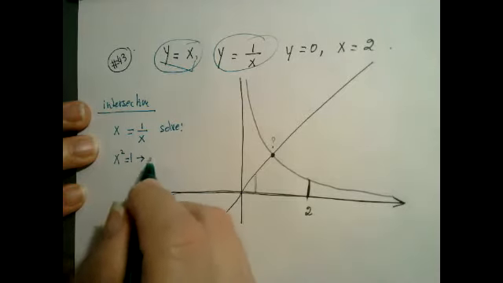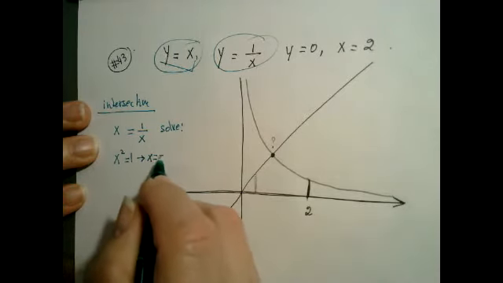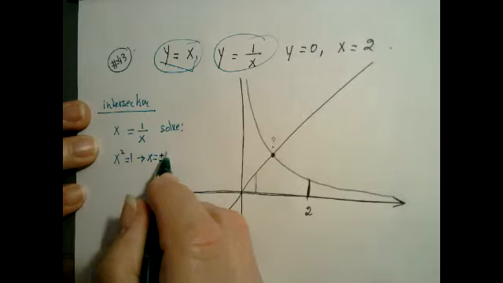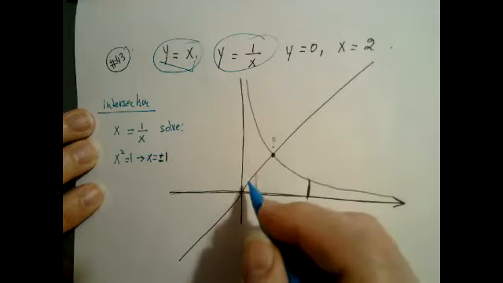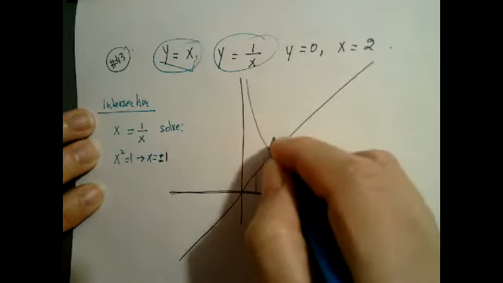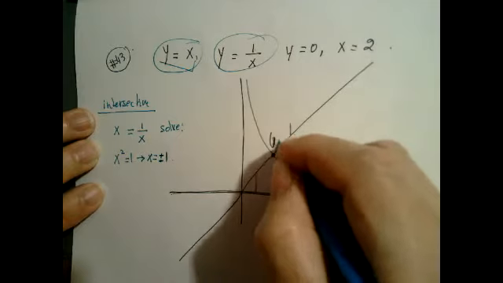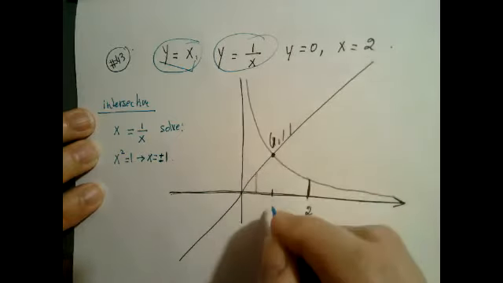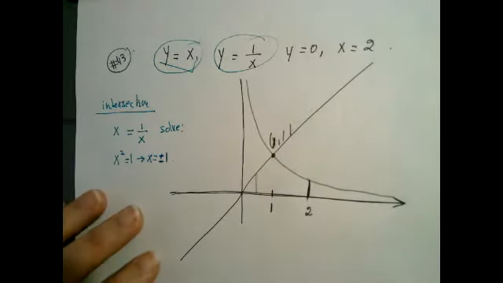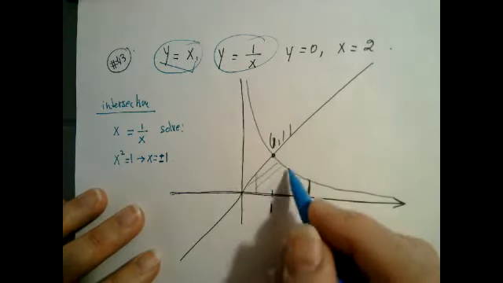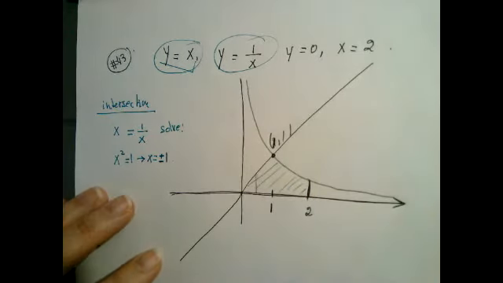It means x equals plus or minus 1. So this point is (1, 1). Okay. All right, so this is the region I am interested in.